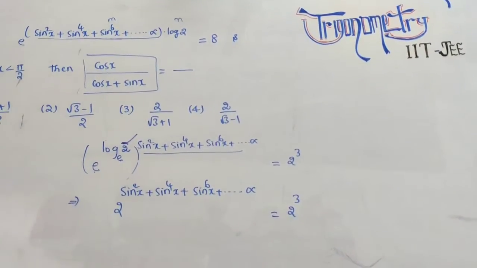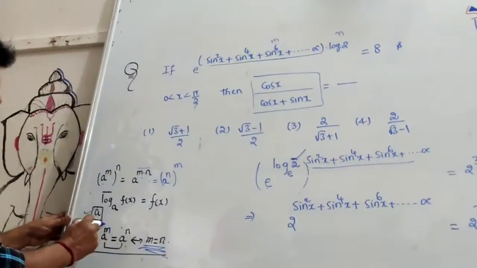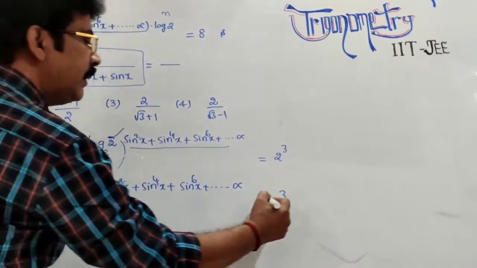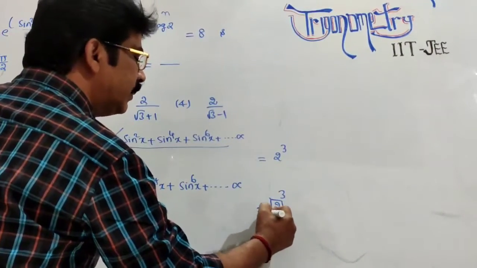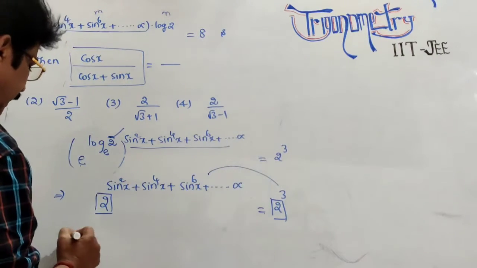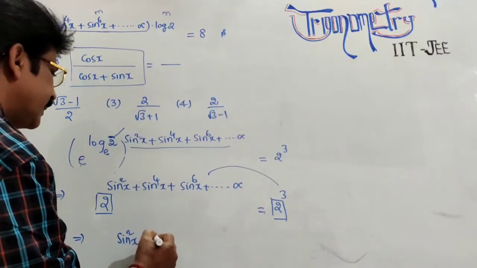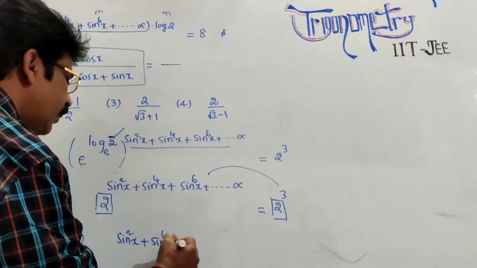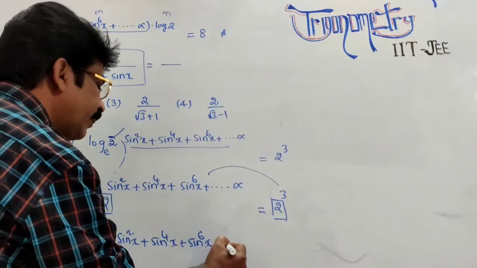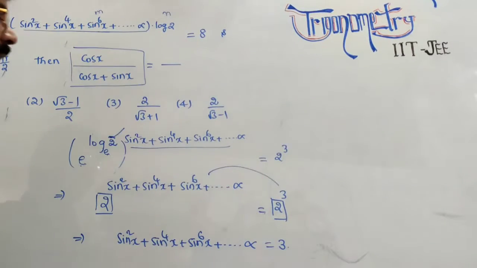Later, if a to the power of m equals a to the power of n, the bases are the same here and the equality is there. Therefore, the powers are also the same. So that implies sin square x plus sin to the power of 4x plus sin to the power of 6x plus and so on infinity is equal to 3.